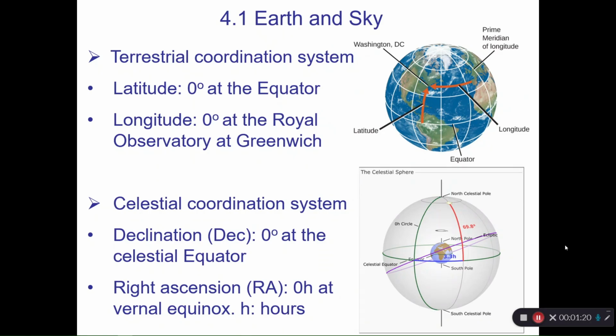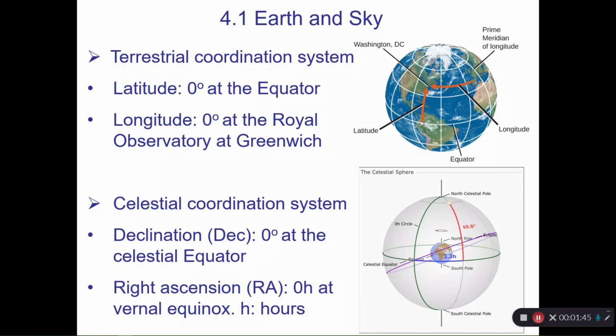There are actually two coordinates for this system. One is latitude and the other is longitude. For latitude, you can imagine we start from the equator. The equator is 0 degrees latitude, and if you go all the way to the north, you will have an increasing number of degrees.